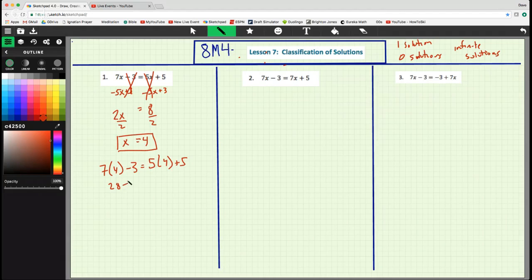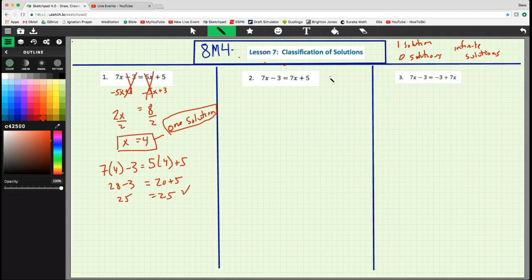This is 28 minus 3 is 25. And on the right, I get 20 plus 5 equals 25. Check. So I have 1 solution. And that's x equals 4, and I've checked it. And that's the only number that will work.